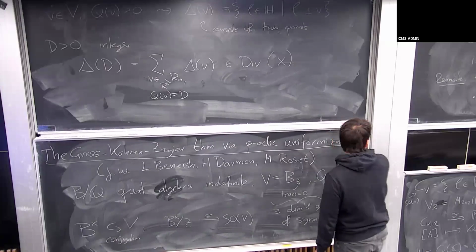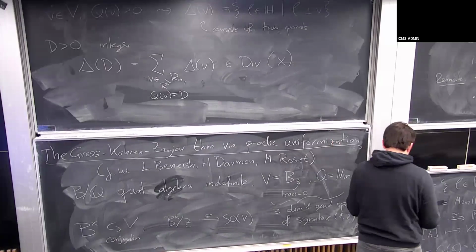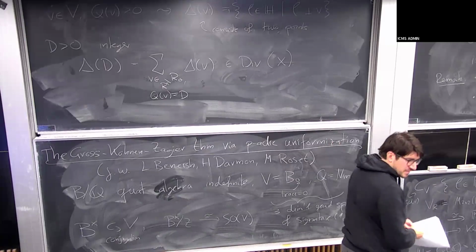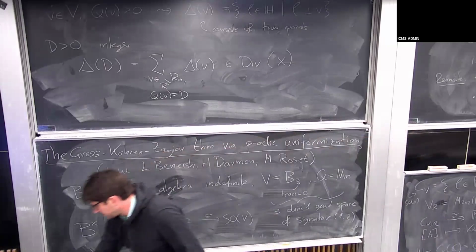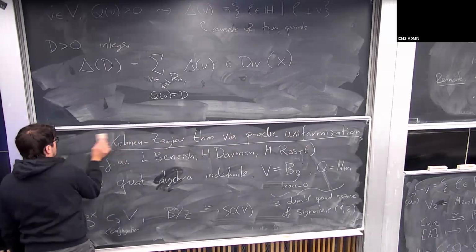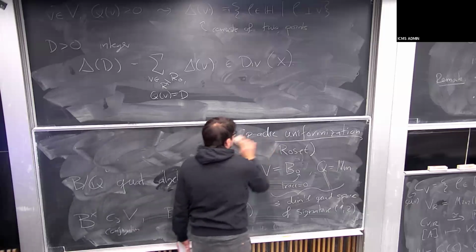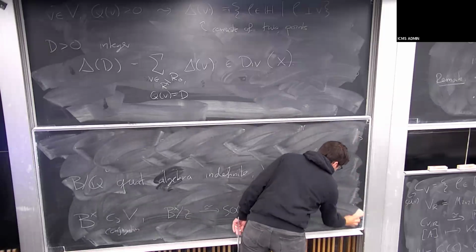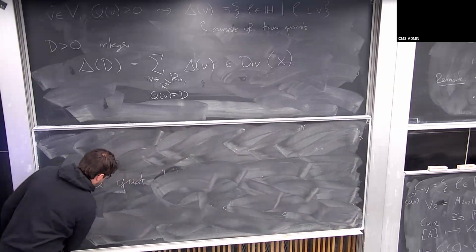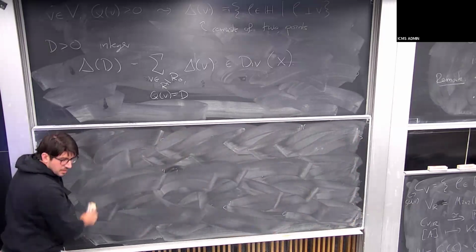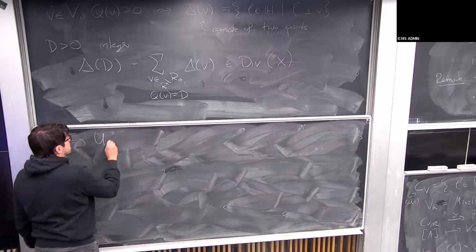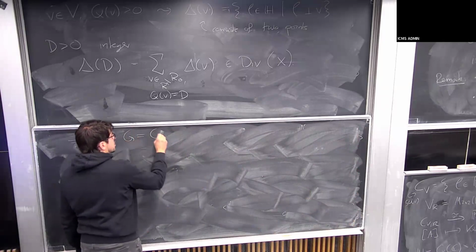What this implies, of course, is that U_{P squared} of g equals g.